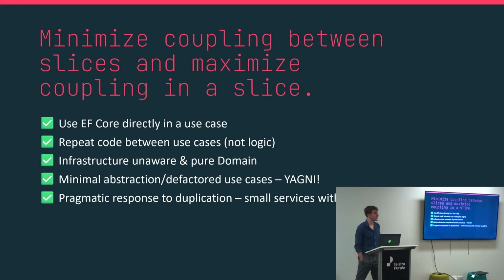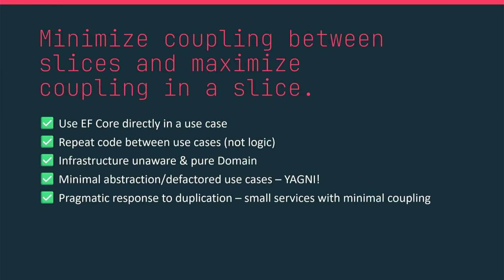Tying into that, the whole thing with dev empowerment is to take that pragmatic response to duplication. You might start with a business rule that is in a use case, but then you do identify that it should be shared. You might be building that first feature and think, maybe I'll reuse this. And if you want to abstract that right away, maybe you do, and maybe you build the next thing and it's easy.